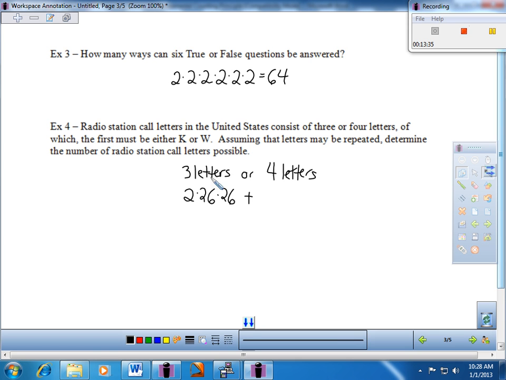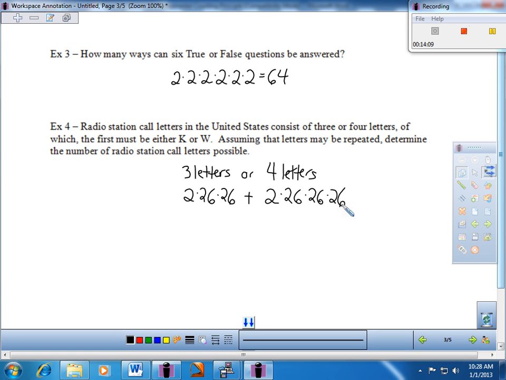Okay, now the 4 letters, same deal. It's going to start with a K or W, so let's go ahead and throw in a 2 right there. First letter must be one of those 2, K or W. Now the second letter can be any letter. The third can be any letter, and the fourth can be any letter.